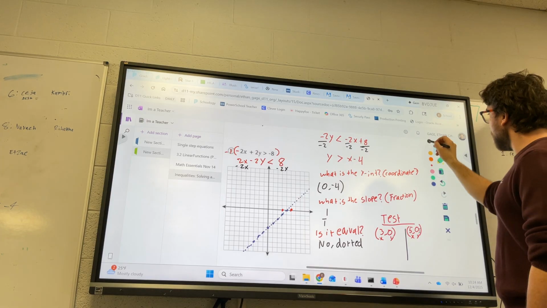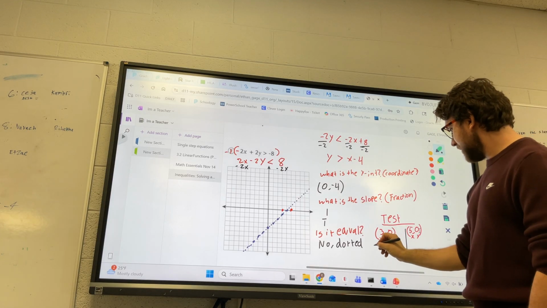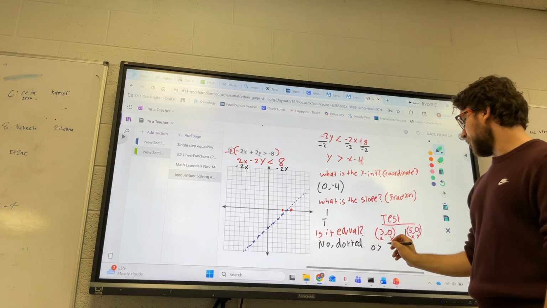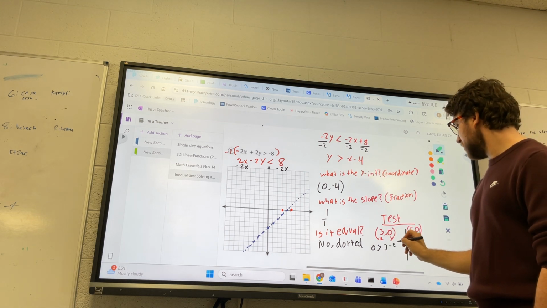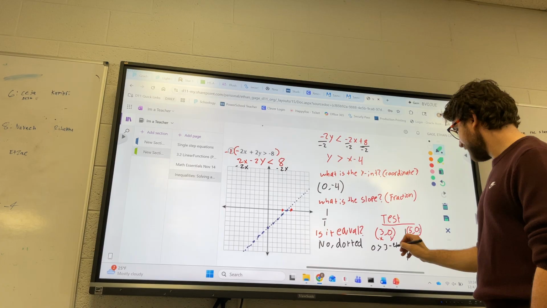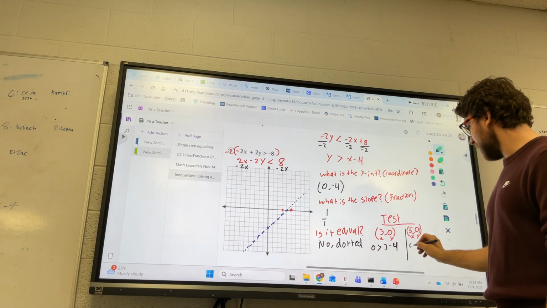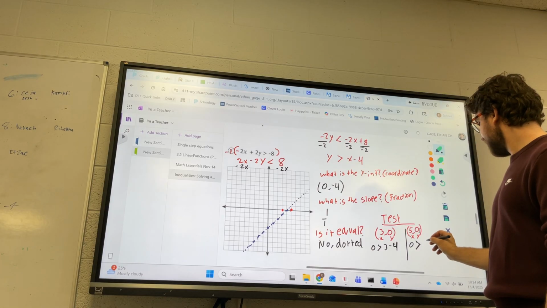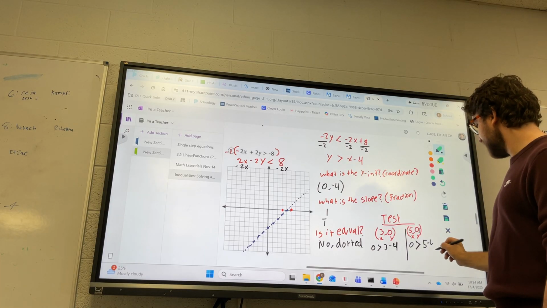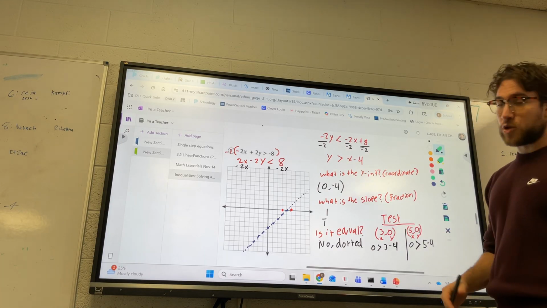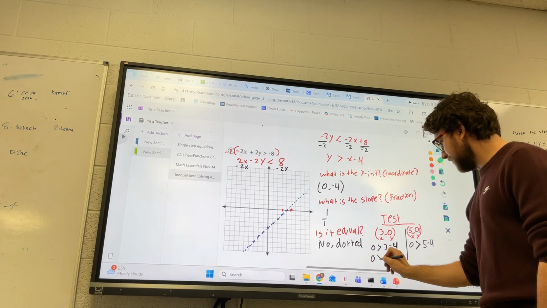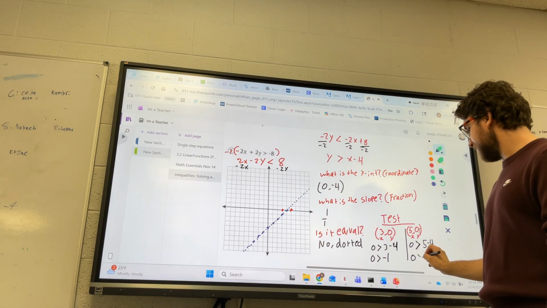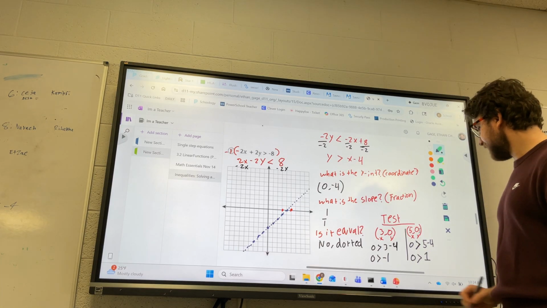So when we start doing our test, we see 0 is greater than 3 minus 4. Over here, we would have 0 is greater than 5 minus 4. 3 minus 4 will give us negative 1. 5 minus 4 will give us positive 1.